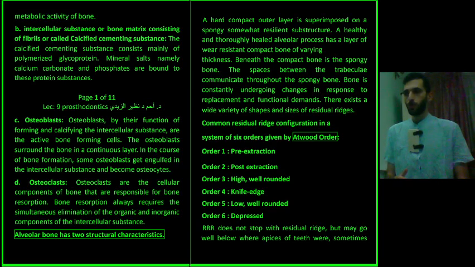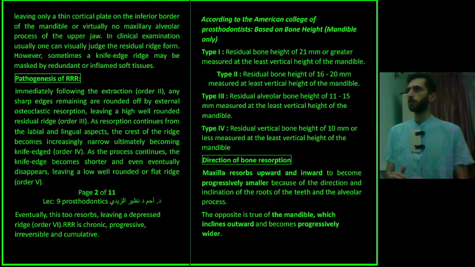The residual ridge resorption does not stop with the residual ridge, but may go well below where the apices of teeth were, sometimes leaving only a thin cortical plate on the inferior border of the mandible, or virtually no maxillary alveolar process of the upper jaw.